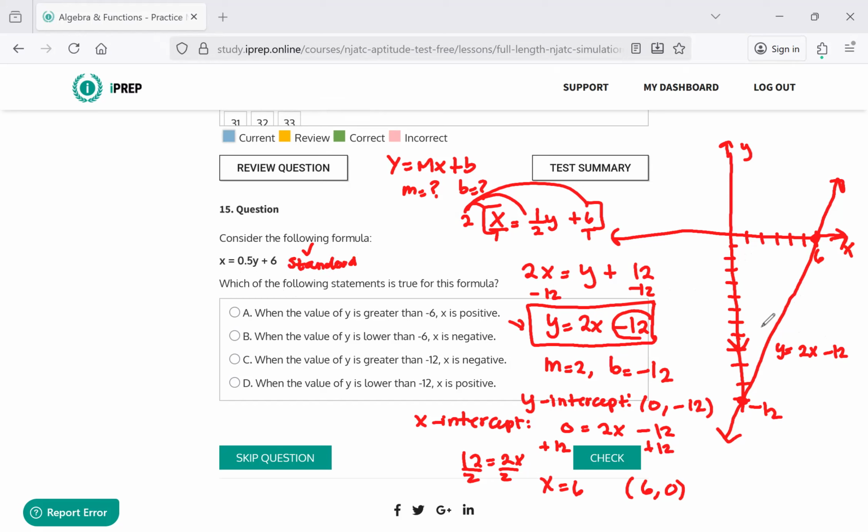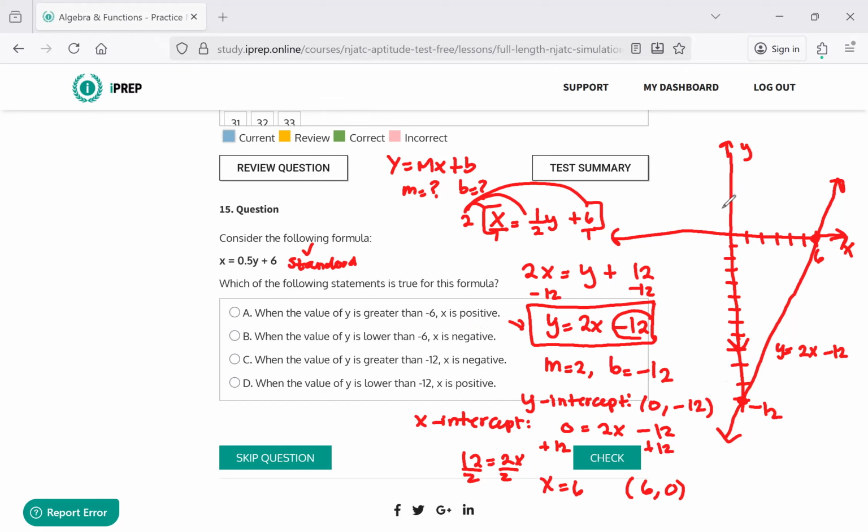So we're going to use this graph to answer this. So let's see if part A is true. When the value of y is greater than -6, x is positive. So is this true? So when the value of y, so the y is on this vertical axis, right?